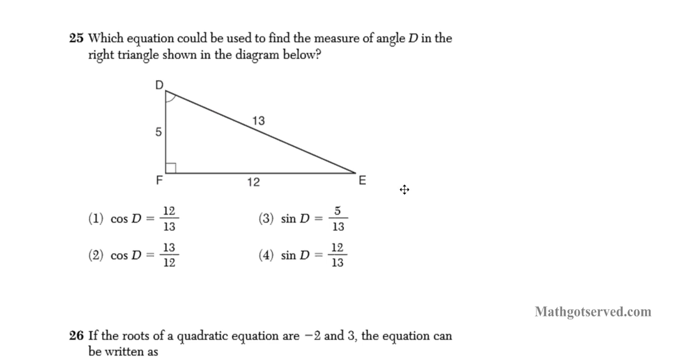All right, let's take a look at question 25. This is assessing our knowledge of how to set up ratios using right triangle trig. If you think about right triangle trig, the first thing that should come up in your mind is SOHCAHTOA, okay? It tells us the relationship between the angles and a pair of sides. Now, we're asked which could be used to find the measure of angle D in the right triangle shown in the diagram below.